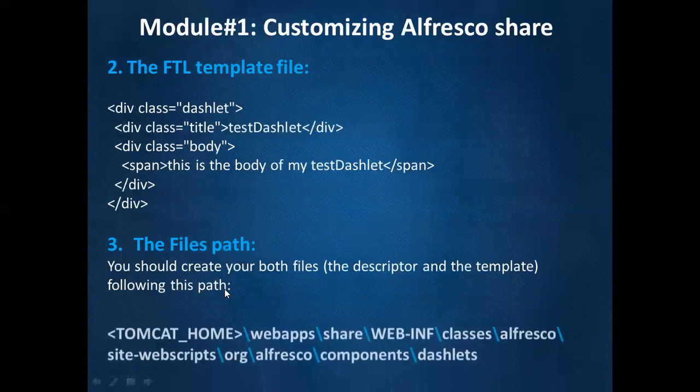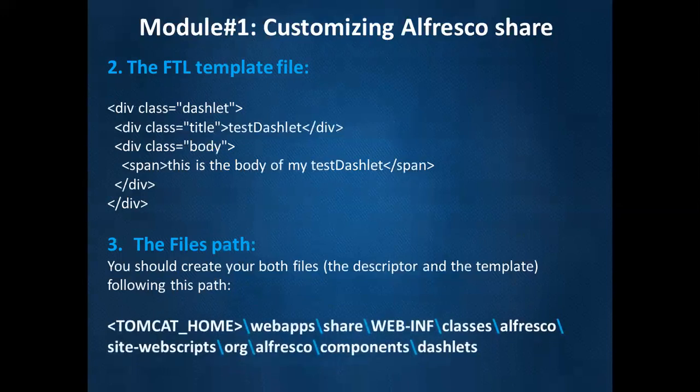Where? Here. Go to Tomcat Home. After that, Web Apps. After that, Share, WEB-INF, Classes, Alfresco, Site, Web Scripts, org, Alfresco, Components, and Dashlets.